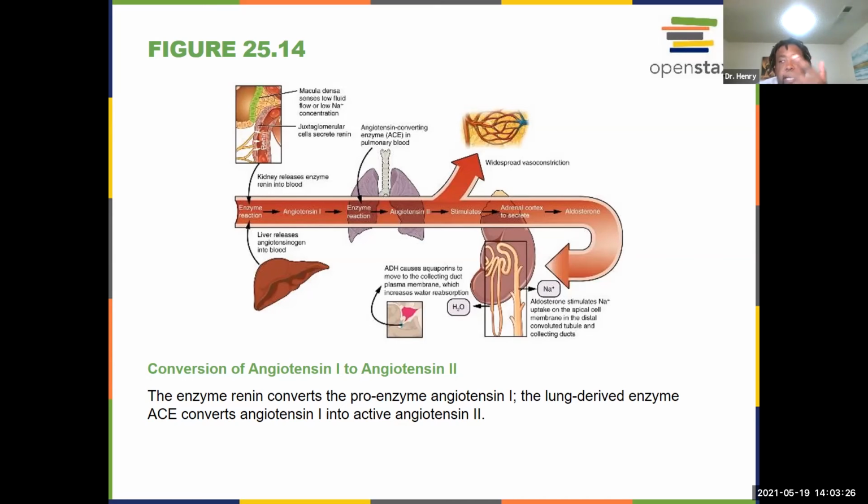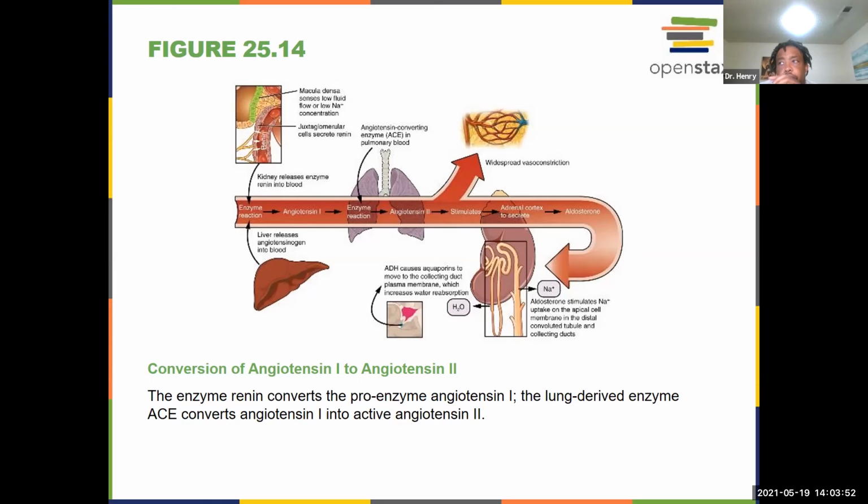In this case, it goes into the bloodstream, and then we get another enzyme called the ACE enzyme, a lung enzyme secreted into the bloodstream. It cuts angiotensin 1 to make angiotensin 2, the active form of the enzyme.